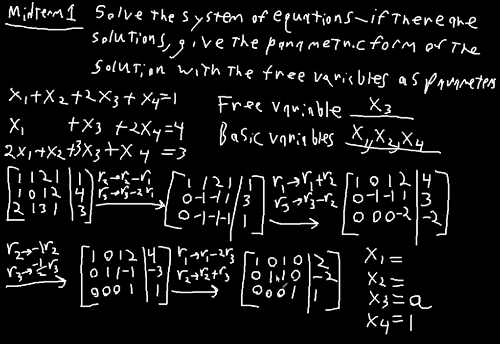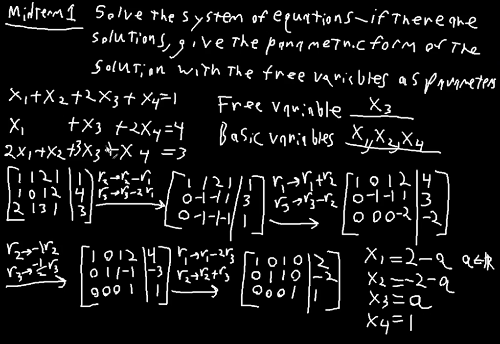Over here we have x2 is equal to -2 minus x3, so we can set this to -2 minus a, since a is x3. x1 is going to give us 2 minus x3, so we get 2 minus a. And let's just go ahead and write down what a is. It's a real number.